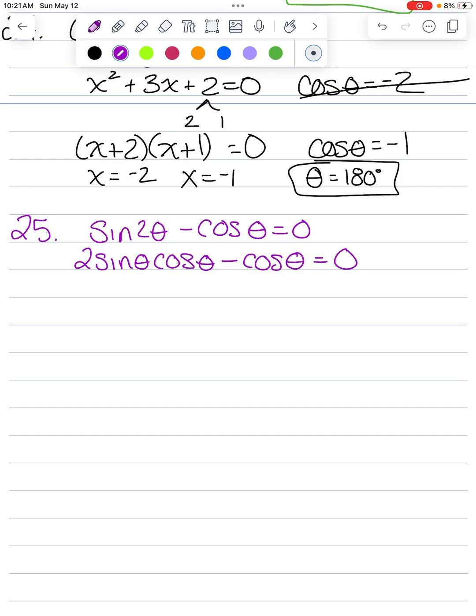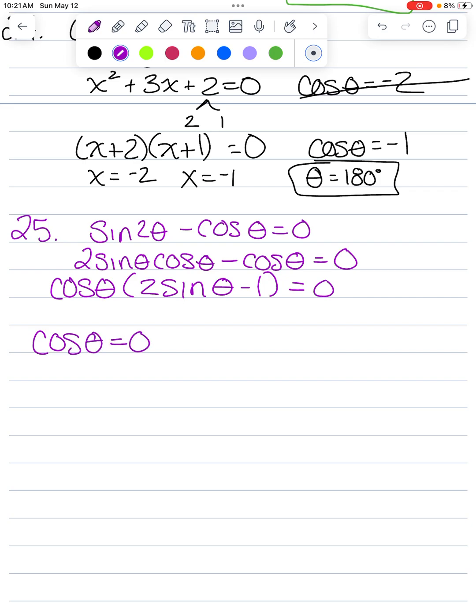They are not like terms currently. The first cosine is getting multiplied by both a 2 and a sine, which is the problem. The 2 isn't the problem. So, instead, if I want to solve this, I have to factor. I'm going to factor out a cosine. Leaves me with 2 sine theta minus 1 equal to 0, and split to solve.